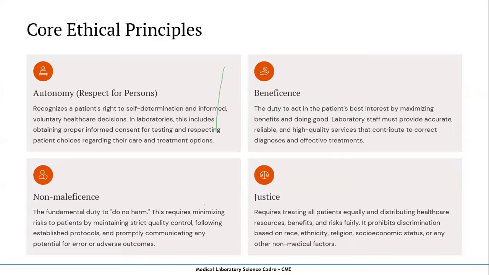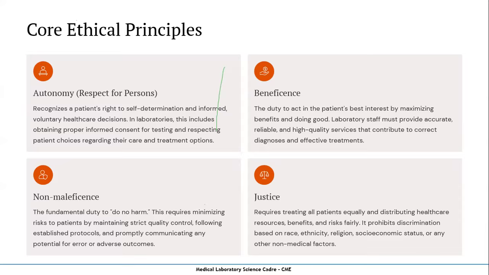Now, the core ethical principles that we are going to look at are autonomy, beneficence, non-maleficence, and justice. These core ethical principles derive from the Hippocratic Oath, as well as the Declaration of Geneva. So autonomy is all about respecting the patient, respecting the next person.